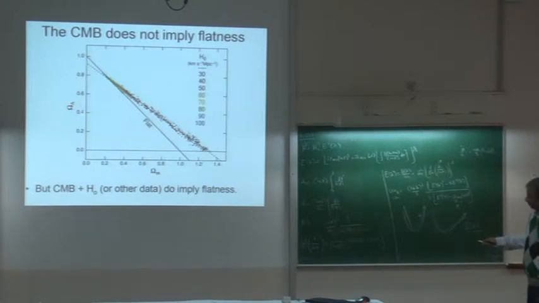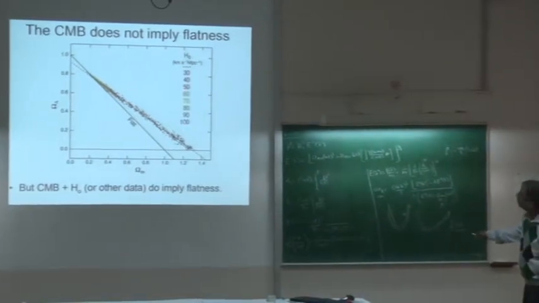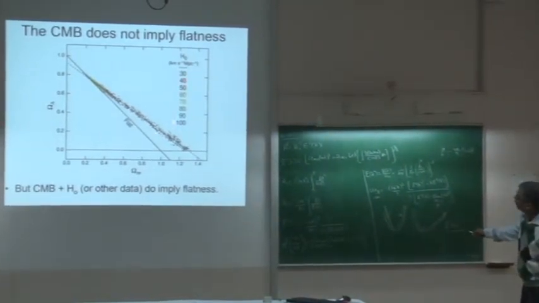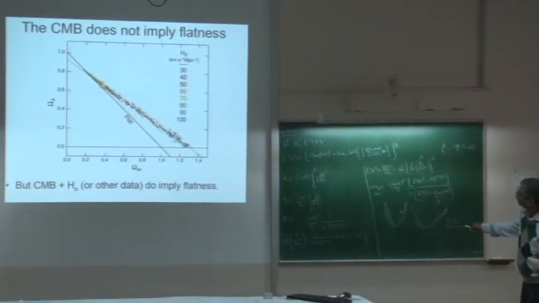Omega lambda is the density parameter for the cosmological constant, and omega m is for matter. This is the line which is flat. These are the points that fit the WMAP data, and these are the points for different H0 values. The black points are for an H0 of 30, then you have 40, then 50, 60 and so on.